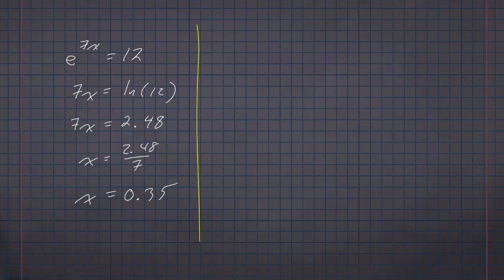If we have something like 3 plus 5 e to the negative 2x is equal to 4, well, before we can solve for x using the logarithmic function, we have to get this to look more like the problem we solved before, which means we have to get this e to the negative 2x by itself first, which is not too bad.